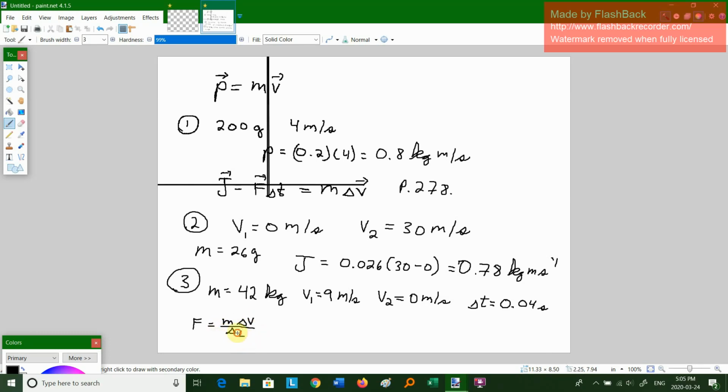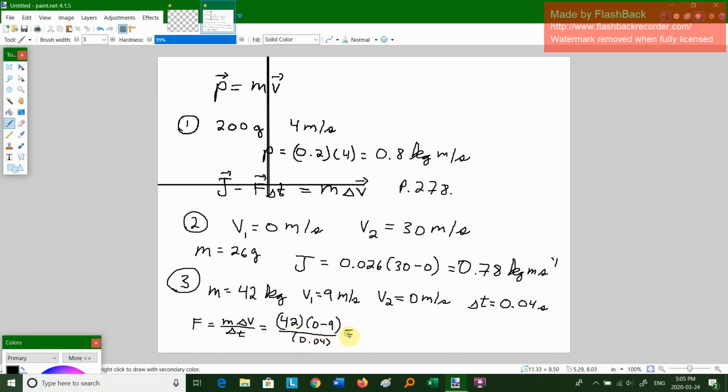F delta t equals m delta v, so F is m delta v over delta t. Of course, the smaller the value of the time, the greater the force, and that's going to hurt your knees. So it's 42 times (0 minus 9) divided by 0.04.